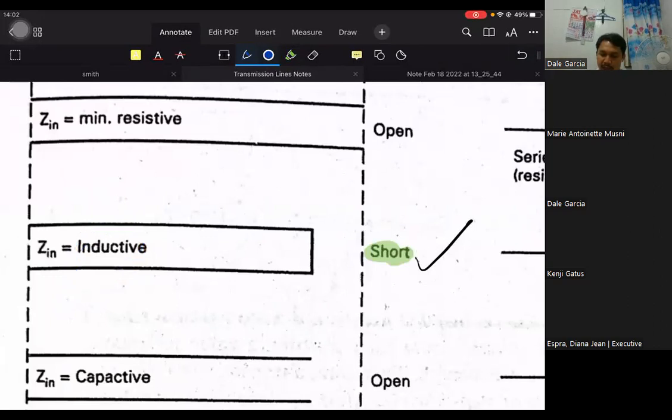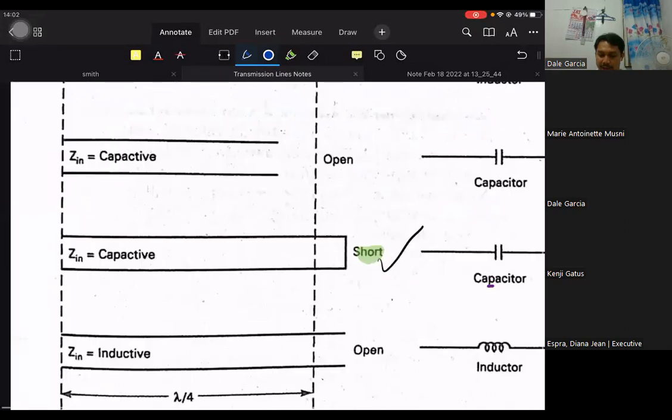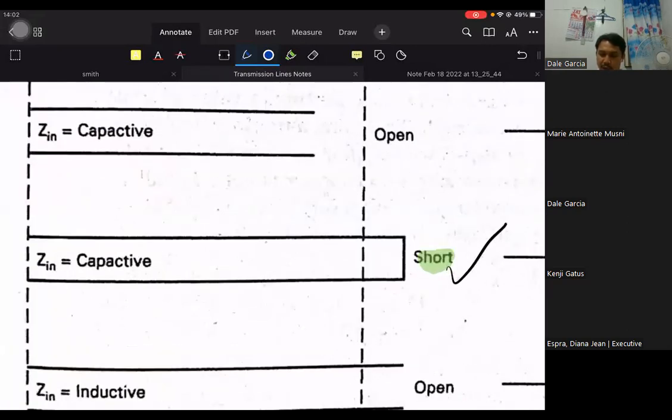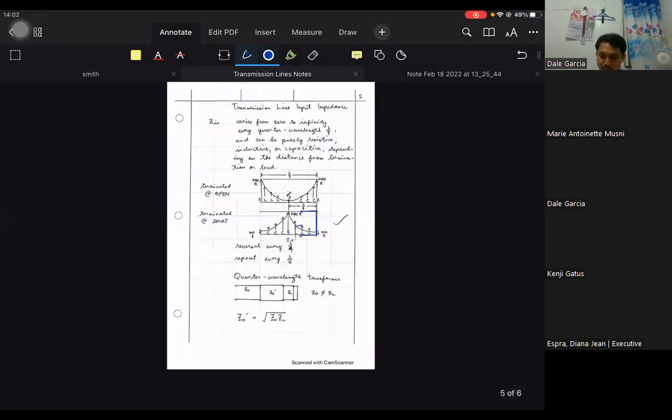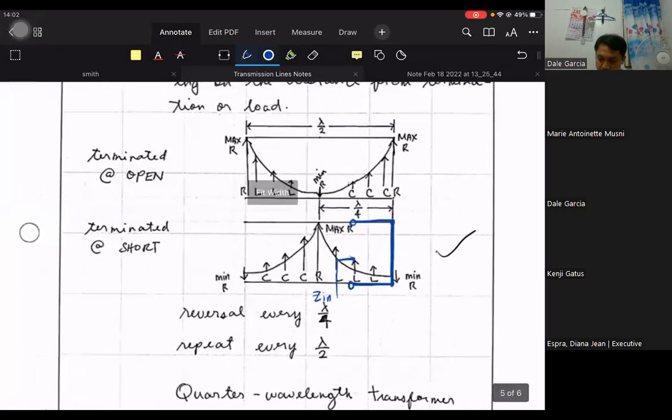And the reciprocal of that, if it is longer than 1/4 but less than 1/2, is capacitive. This is an example of a line longer than 1/4 but less than 1/2, something like this.